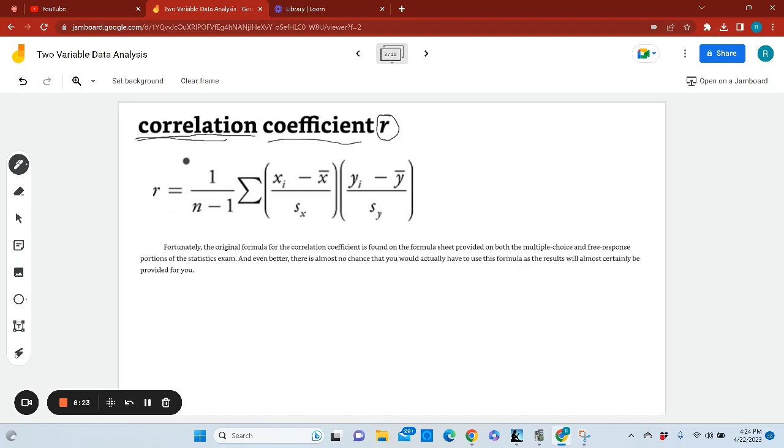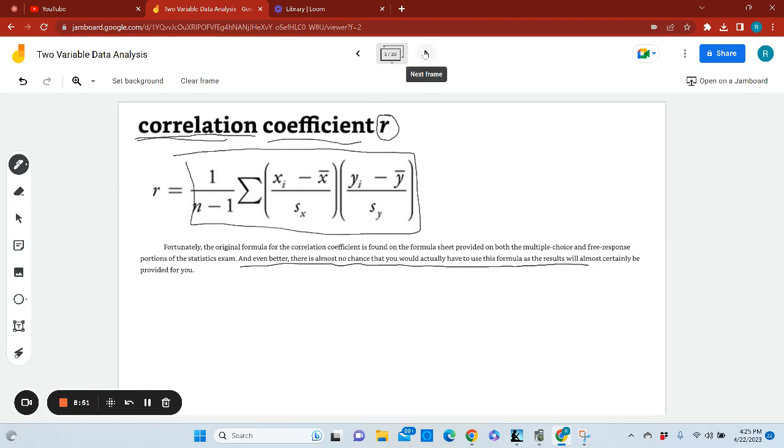We did not cover this formula extensively in class, and that is because of the text right down here where it says, fortunately, the formula for the correlation coefficient is given to you on the formula sheet, and there is almost no chance that you'll actually need to use this formula. That's right out of 5 Steps to a 5, and that's why I didn't spend a ton of class time talking about this formula this year.